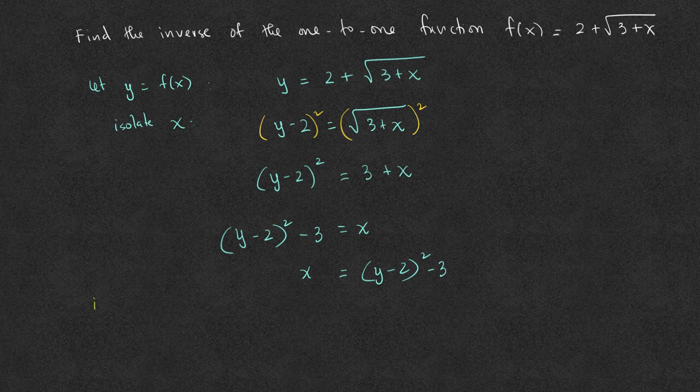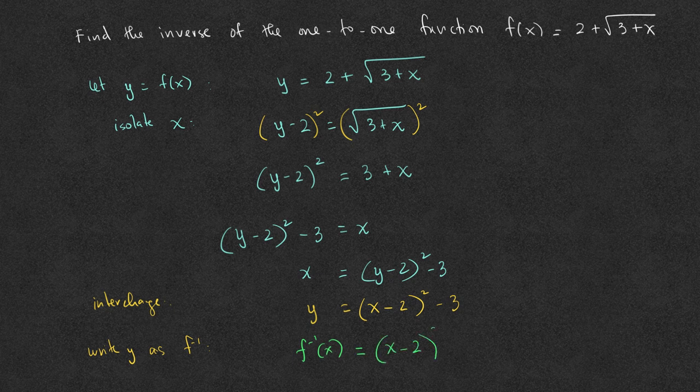We would interchange the role of x and y. This will give us y equals x minus 2 squared minus 3. And lastly, we would write y as the inverse function. And so the answer is f inverse of x equals x minus 2 squared minus 3.